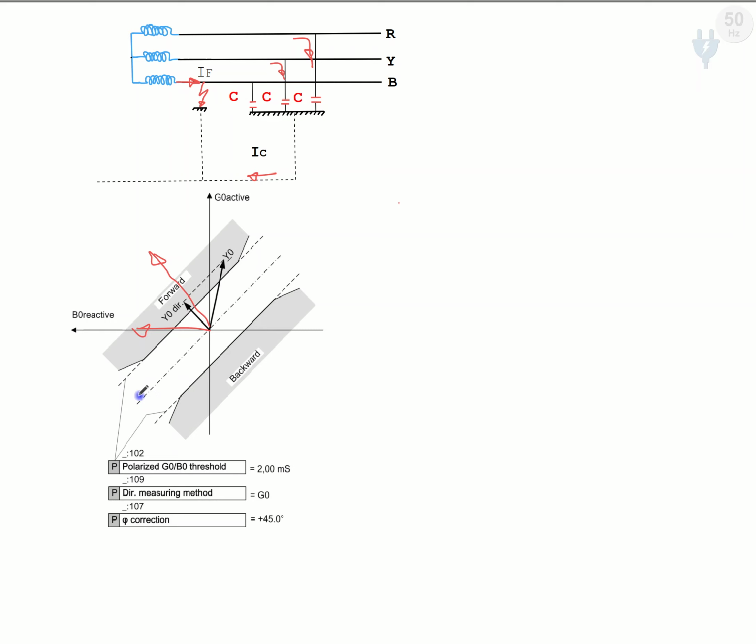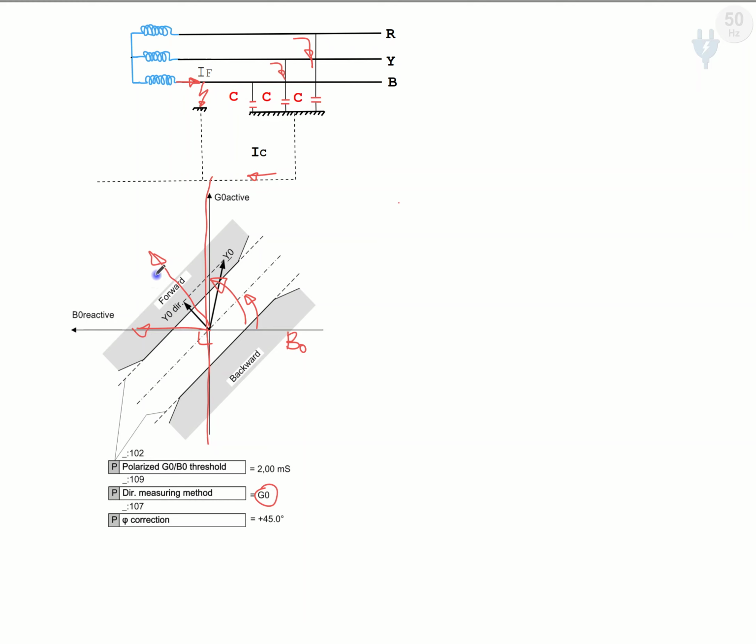At that time, instead of tilting the symmetrical axis to plus 90 degrees, because the decisive part of the current should be perpendicular to the symmetrical axis, what we do is select B0 instead of G0, because this is our B0 axis and this part of the decisive current is on the B axis, on the negative side of B0.